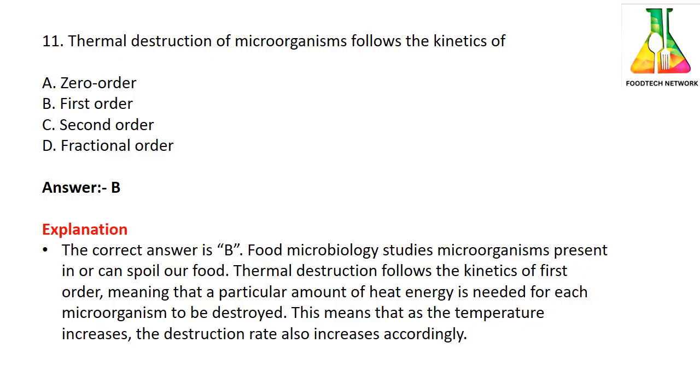Thermal destruction follows the kinetics of first order, meaning that a particular amount of heat energy is needed for each microorganism to be destroyed. And this means that as the temperature increases, the destruction rate of the microorganism will increase simultaneously.